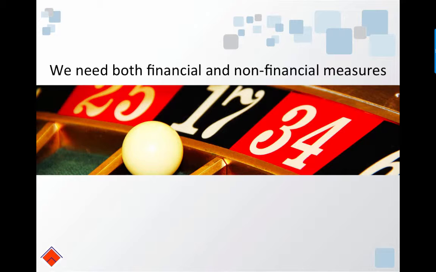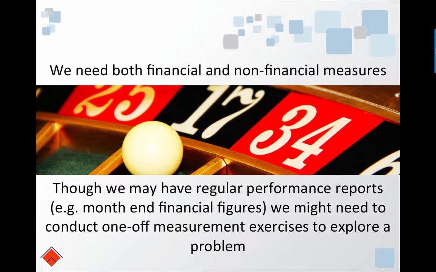Sometimes our measures throw up problems or potential problems in the course of normal reporting, the month-end figures of quality, the quarter's financial results, etc. Sometimes we have to dig a little deeper and conduct a one-off analysis, perhaps in response to a feeling that something is wrong.